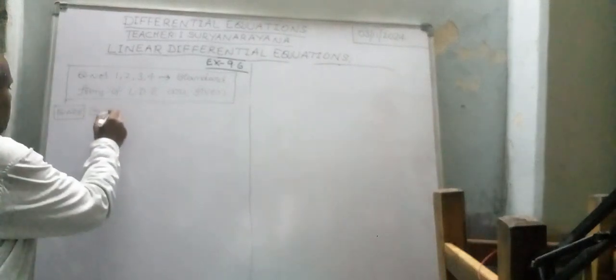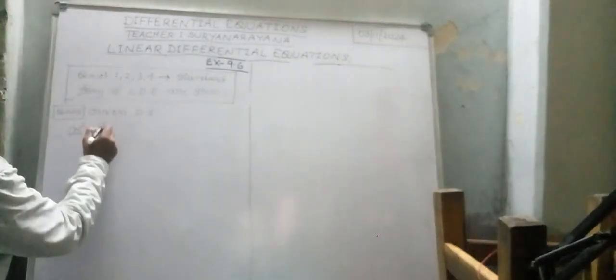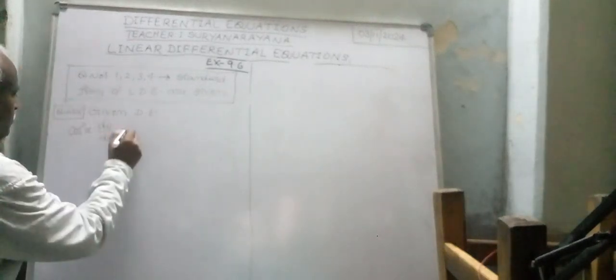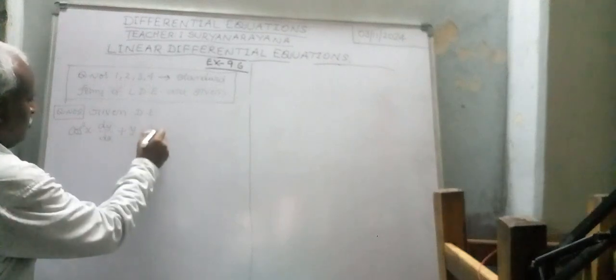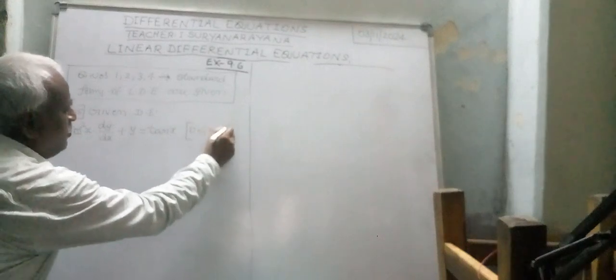Can anyone read question number 5? Cos square x dy by dx plus y is equal to tan x, for 0 less than or equal to x less than or equal to pi by 2.